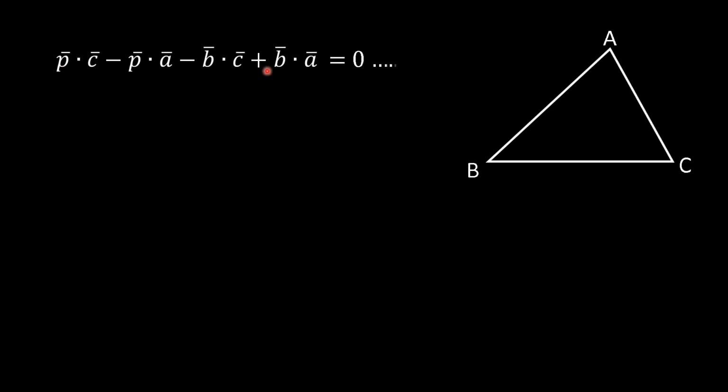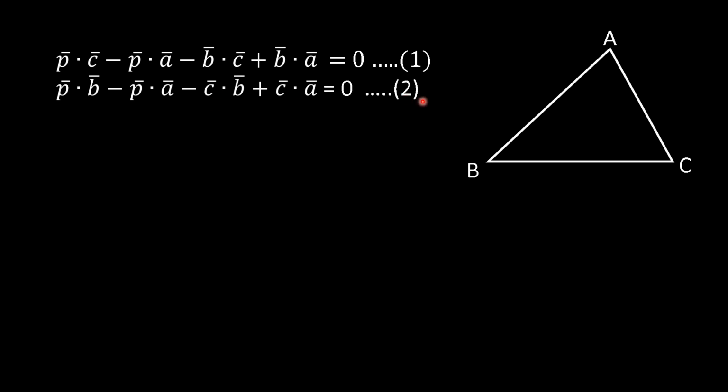We will rewrite these two equations and subtract equation number 2 from equation number 1. For that, we will change the signs of the terms of equation number 2. So this plus becomes minus, minus becomes plus, minus becomes plus, and this plus becomes minus.